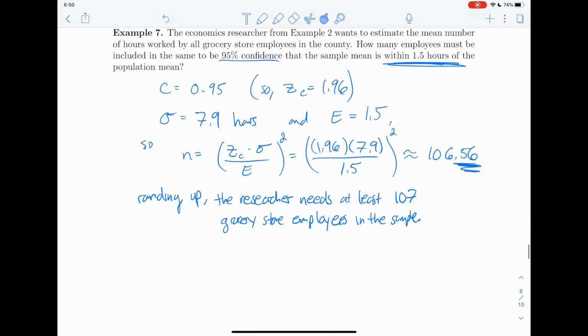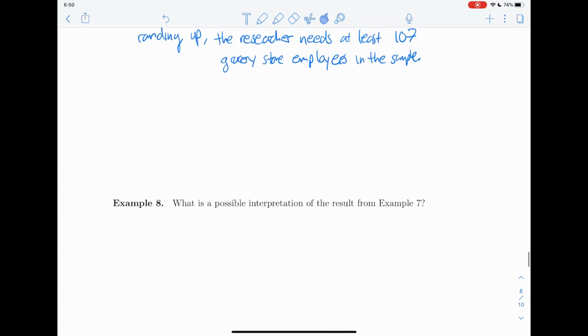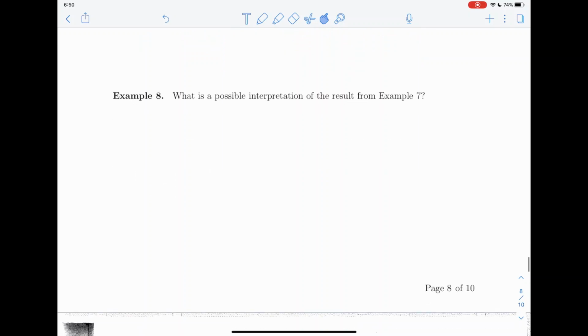A possible interpretation of what we've just discovered, and something worth pointing out, is that the researcher already had 40. So the key observation here is that the researcher needs 67 more employees in the study.